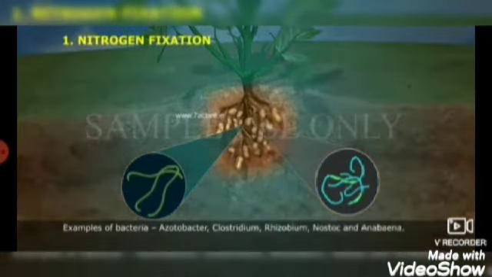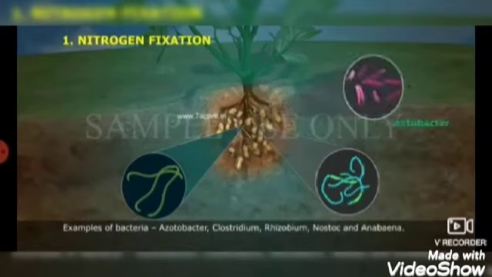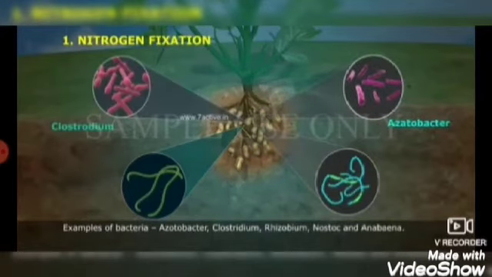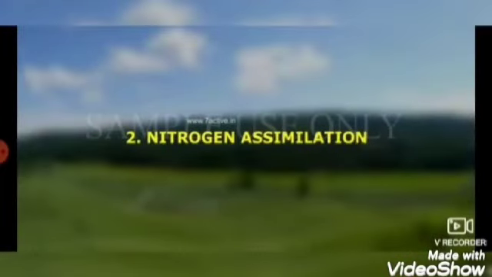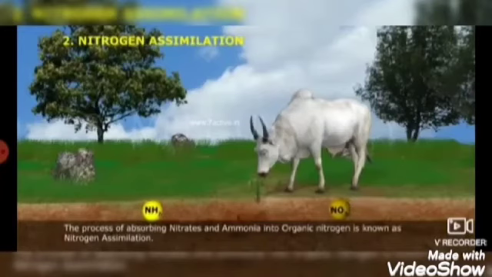Even some bacteria can fix atmospheric nitrogen. Examples of that bacteria: Azotobacter, Clostridium, Rhizobium, Nostoc, Anabaena.